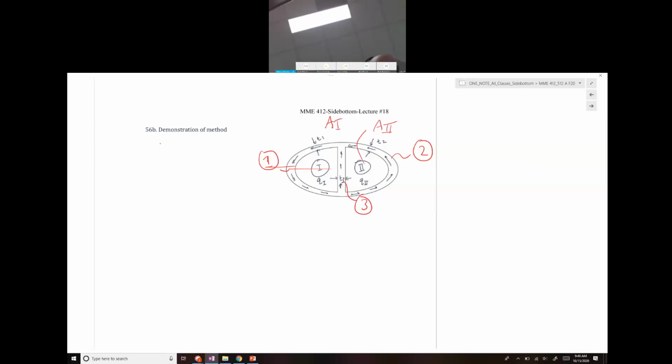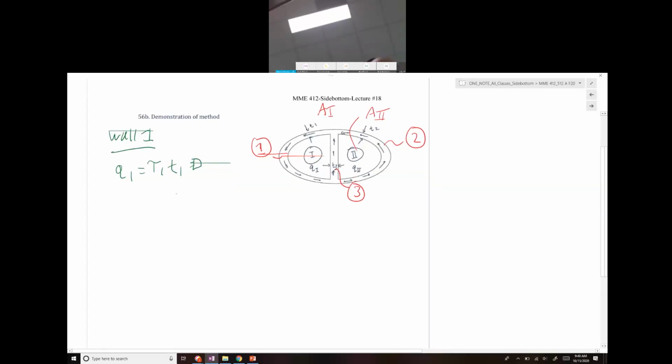So for wall 1, we have Q1 is going to be equal to tau 1 times T1. So we can say that tau at wall 1 would be equal to Q1 divided by T1.